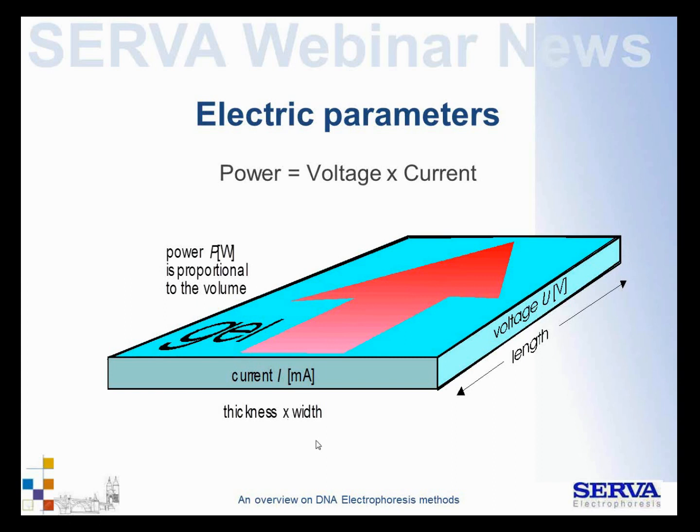If you run 3 gels, you need to multiply the current setting by 3. But don't modify the voltage. And the power is the product of voltage times the current. And the power is responsible for producing the heat. So the temperature produced in the gel is higher if you have a higher power set on a gel.